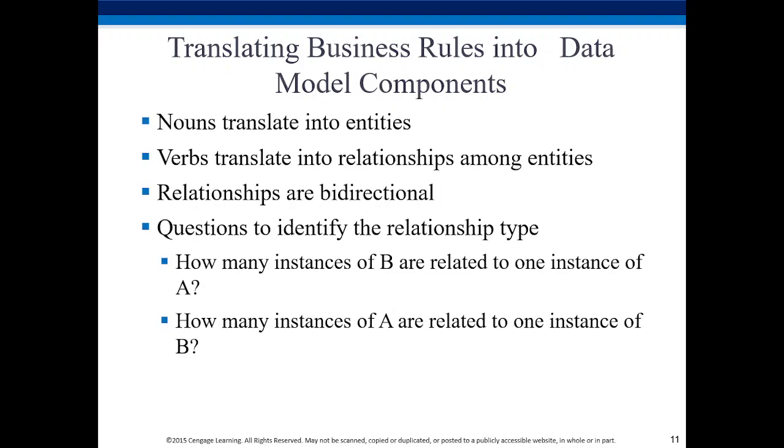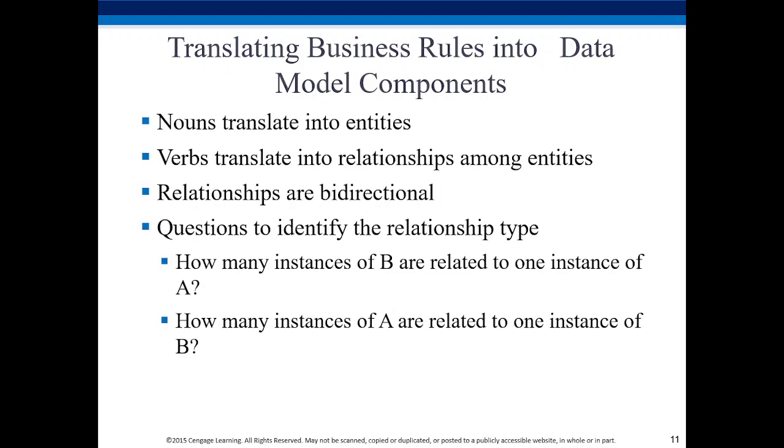So we can say that a teacher handles many students. The business rules say that a part-time teacher can hold 3 classes, or teach 3 classes. So we can say that the relationship between the teacher and the classes is holds or teaches.